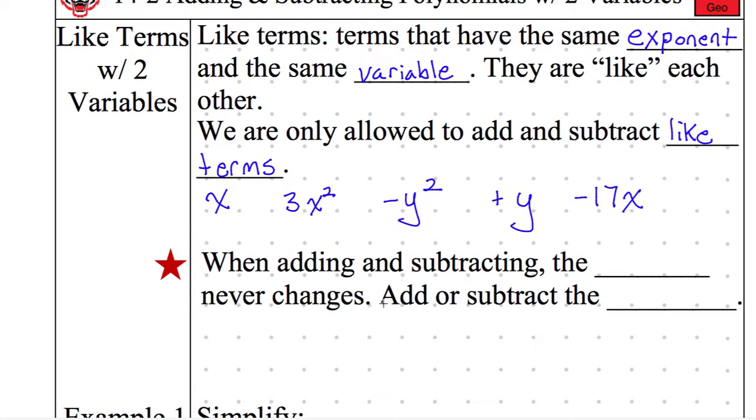Circle the 2 like terms. Which 2 are like each other? I should be able to walk around and see people circling the 2 that are like each other.